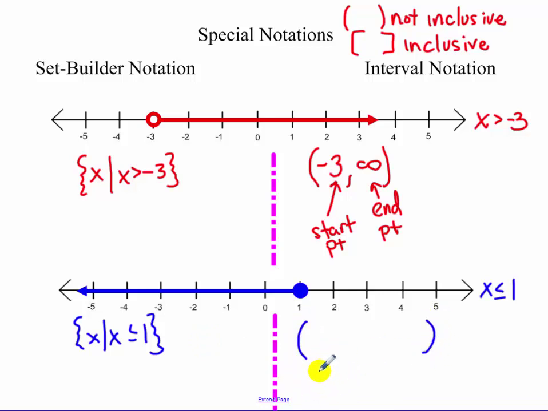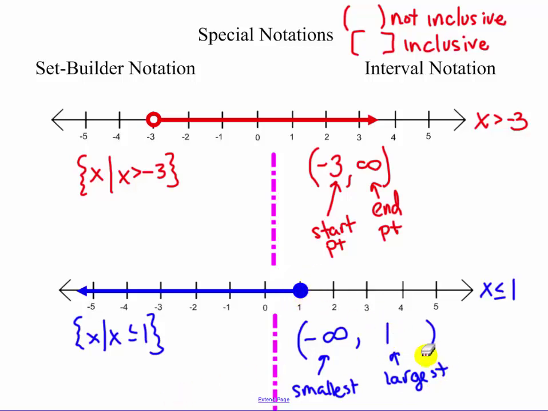I think about it as a start point or the smallest value. What's the smallest value that's part of this solution? Well, that's technically negative infinity. What's the largest value? Our largest value is 1, and we stop at 1.